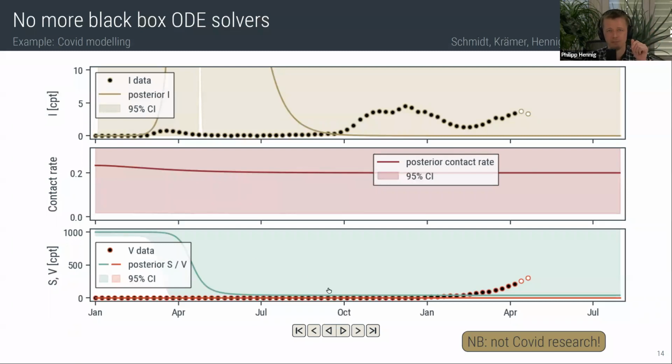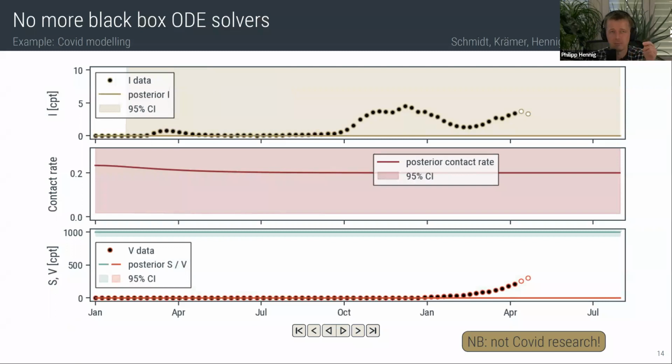And now what we can do is let the solver step forward individual steps, and in between two observations, it always just conditions on the value of the ODE. And whenever it encounters a data point, it also conditions on the value of that data point. So early on, those data points provide very little information, because the number of infected people is basically 0 in early 2020.